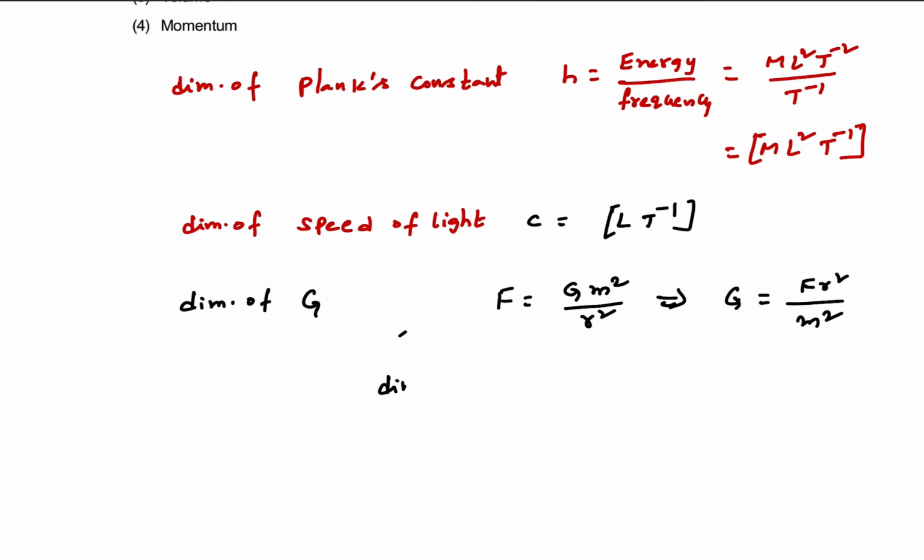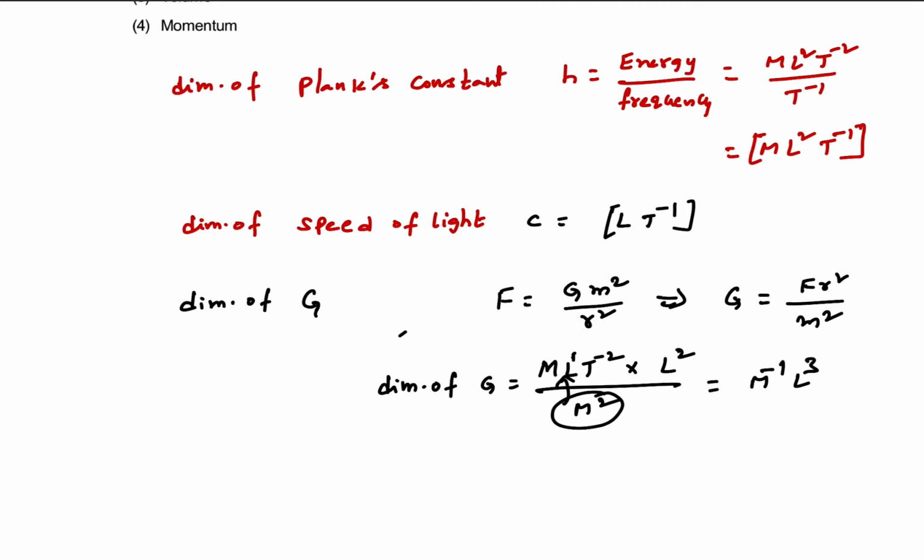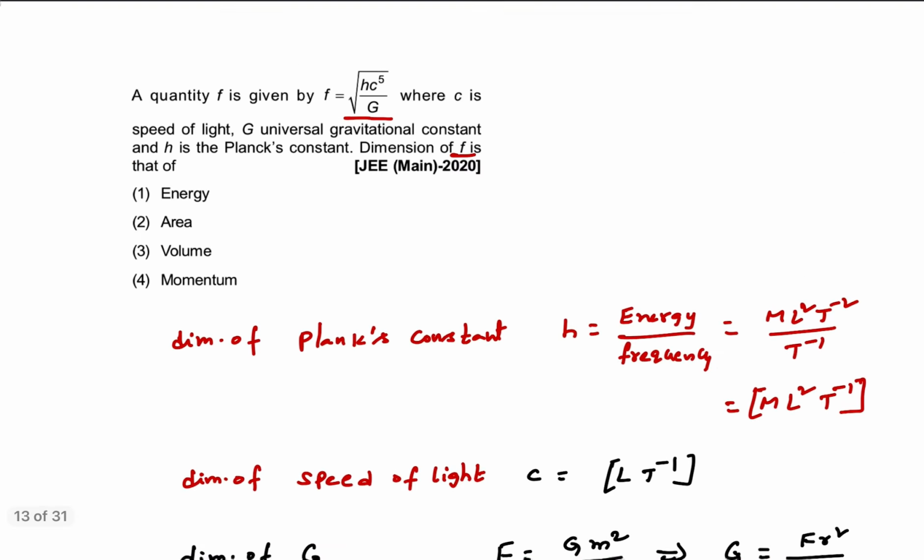Now dimension of g is equal to F, which is M L T power minus 2, and this is distance square, that is L square, by m square. If I bring this M square up, you will get M power minus 1, and L power 1 with L square gives L cube, T power minus 2. This is the dimensional formula of g.